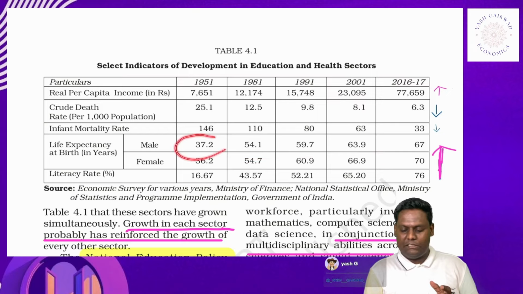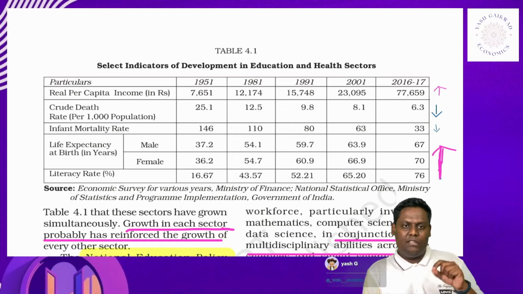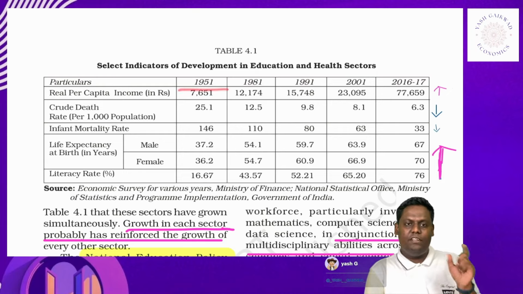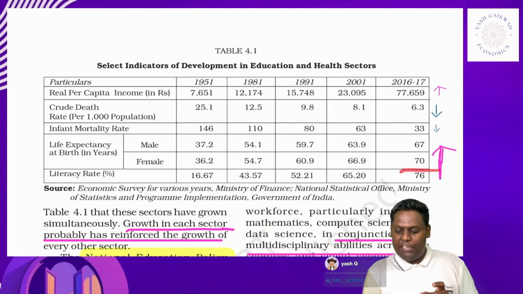In case of males, it has improved from 37.2 years to 67 years of age. In case of females, it has improved from 36.2 years of age in the year 1951 to 70 years of age in 2016.